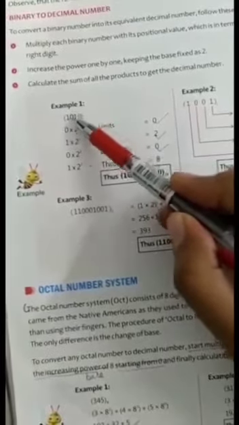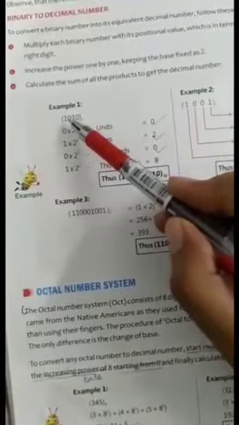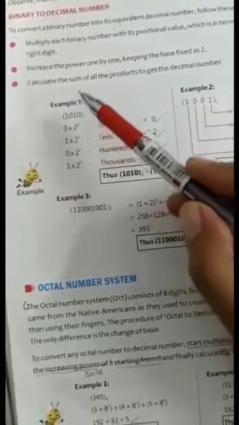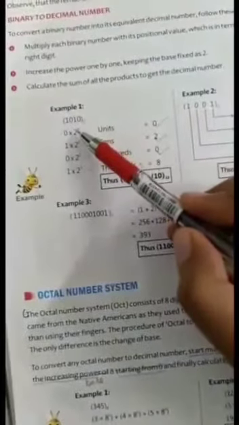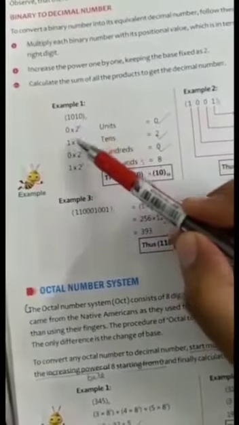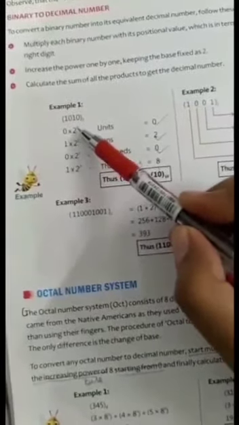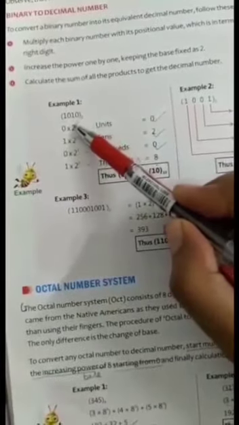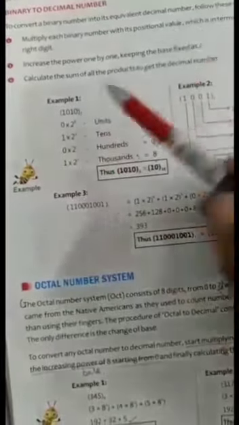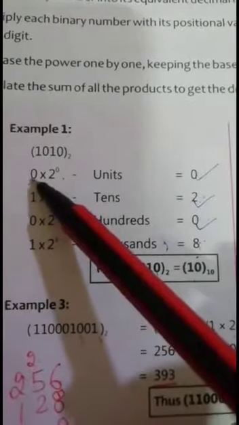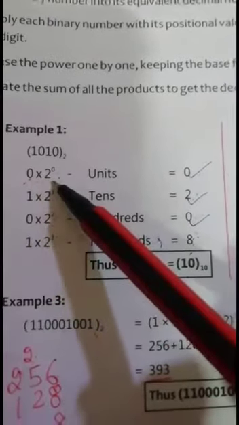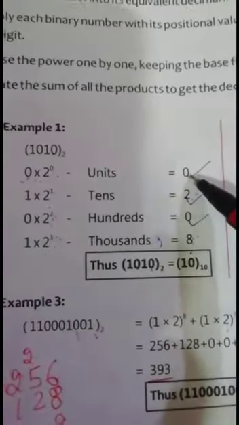So we will multiply each digit with its positional value, that is in terms of power of 2. And firstly, the first power will be 0. Any number that has the power 0 is equal to 1. 0 multiplied by 1 is equal to 0.